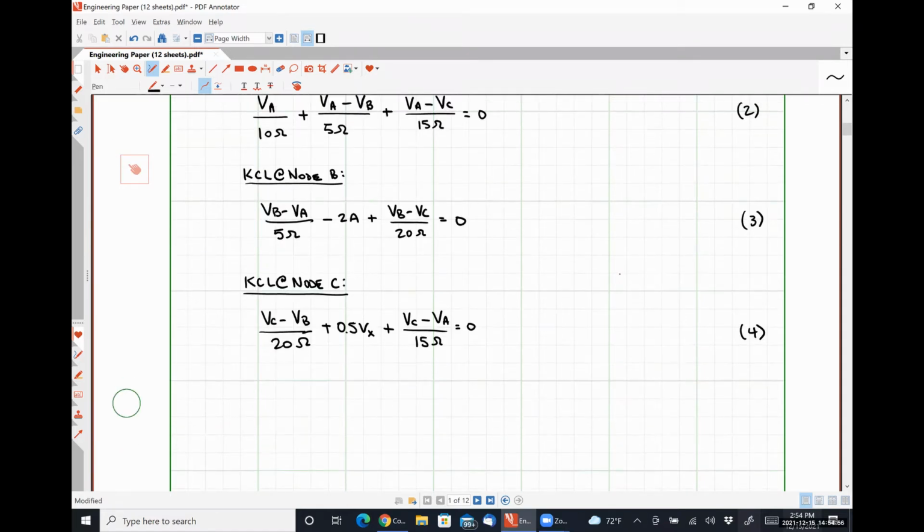If I substitute 1 into 4, I would get VC minus VB over 20 ohms plus 0.5 times (VC minus VA) plus (VC minus VA) over 15 ohms is equal to 0. And let's use 2, 3, and 5, three equations, three unknowns, to solve this system, okay?